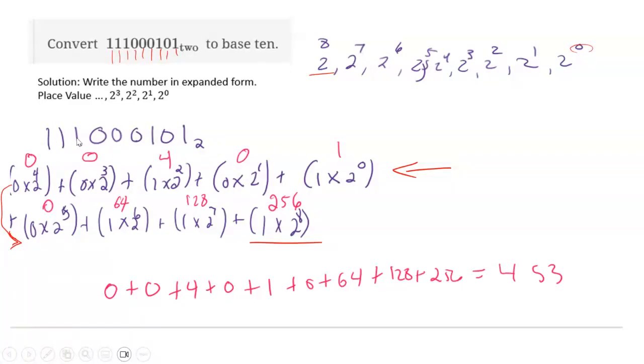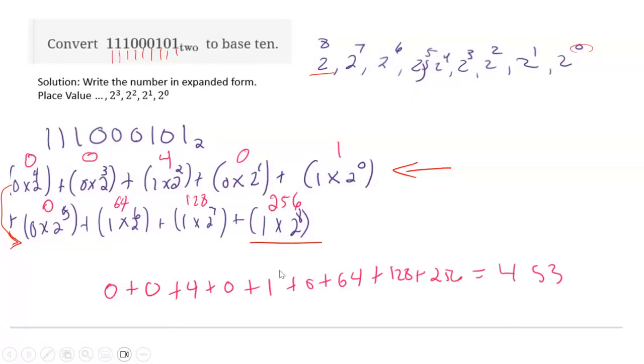And then I get to the 1, the third to the last number. And this is 1 times 2 to the power 6, plus the second to the last is 1 times 2 to the power 7, and the very last one on the left is 1 times 2 to the power 8.